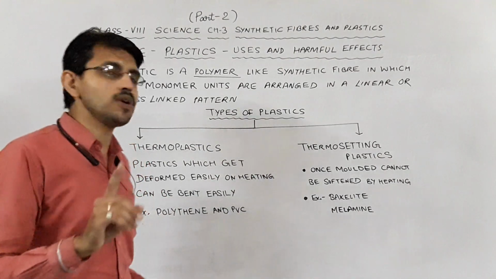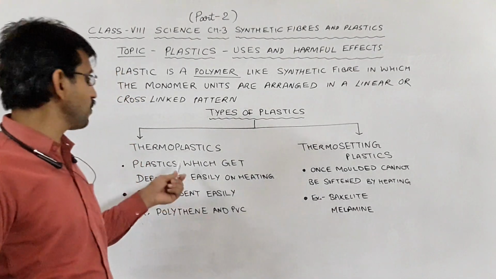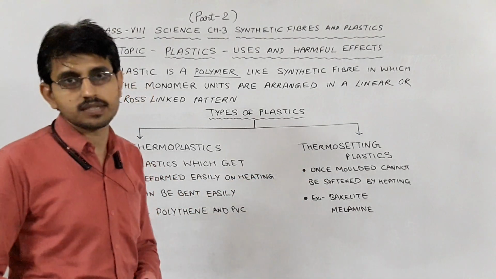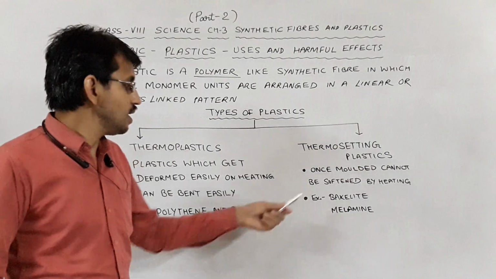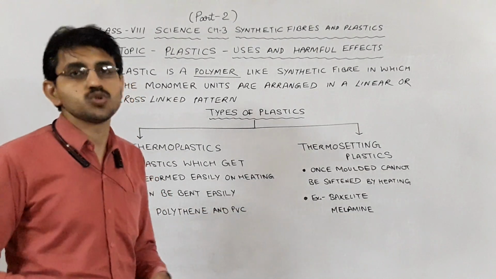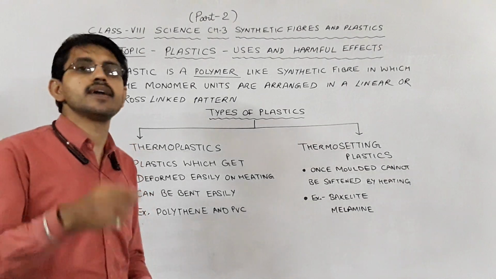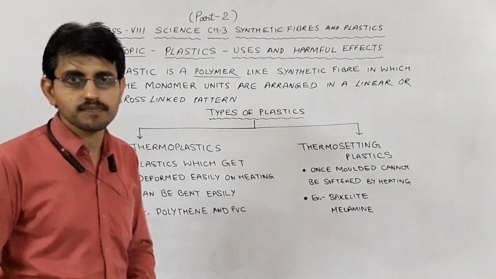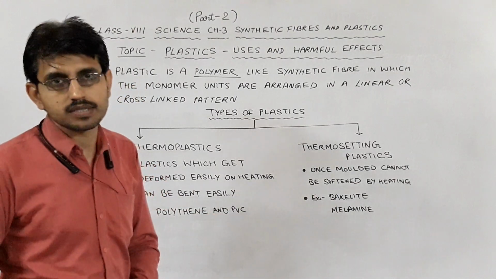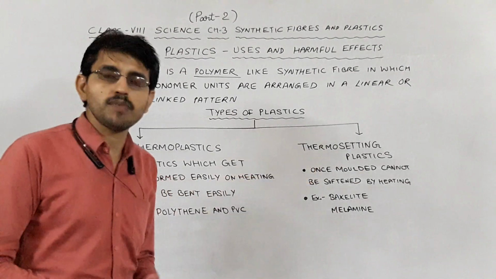Thermoplastics can be molded again and again, but this type of plastic can be molded only once. Examples include bakelite, which is used for making switches and handles of electrical equipment, and melamine, which is used for making kitchenwares. They are thermosetting types of plastics.